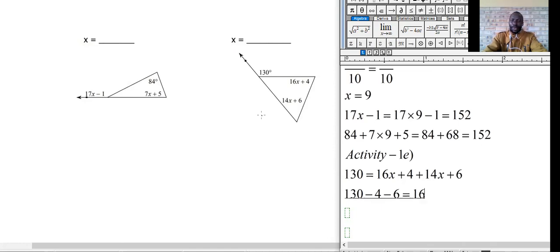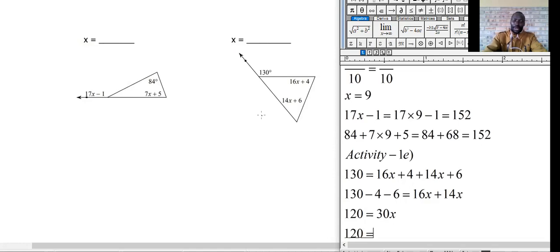And on the right-hand side, we will now be left with 16x that we have to add to 14x. Now notice that on the left-hand side we are going to have 130 minus 10, which is 120. And on the right-hand side, we are going to have 16 plus 14, which gives us 30x.